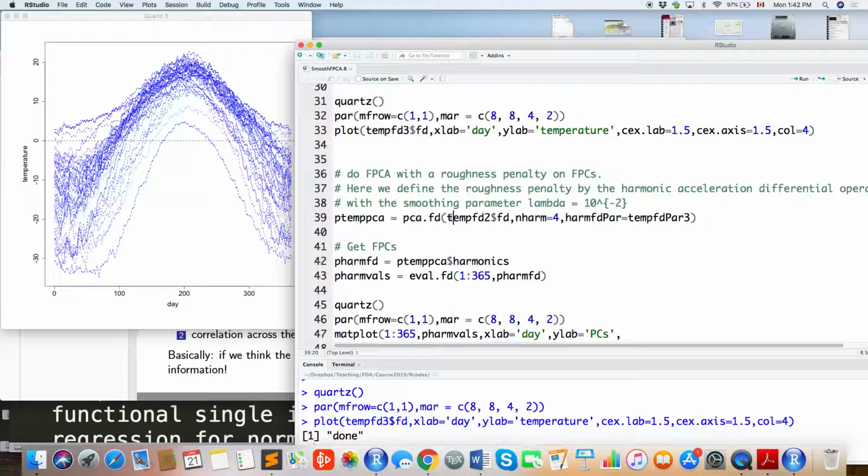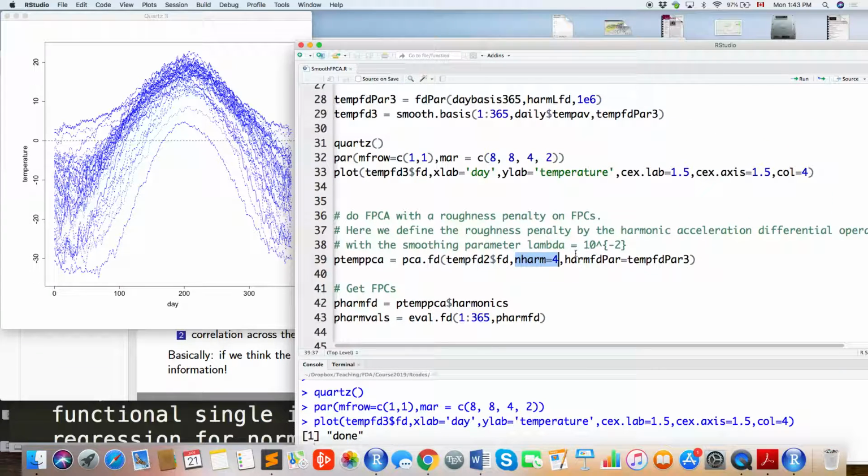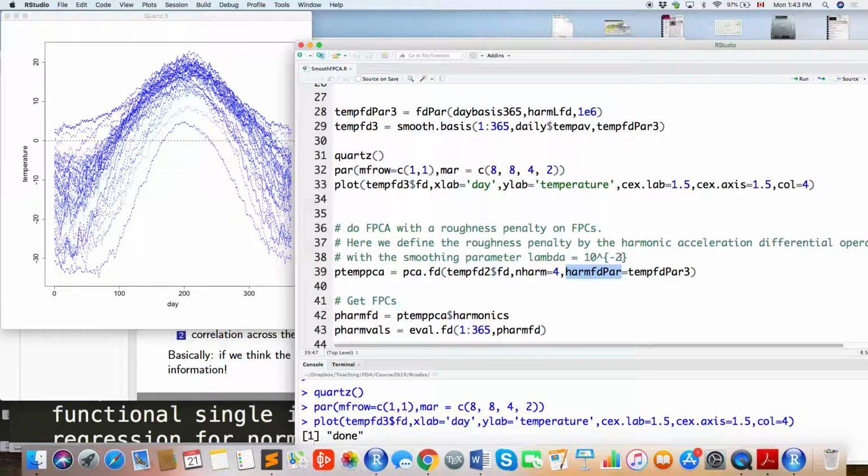The first argument is the smoothed curve you use, the next is the number of principal components you want to keep, and the third argument is the roughness penalty on the principal components. In this case, I choose lambda equal to 10 to 6.